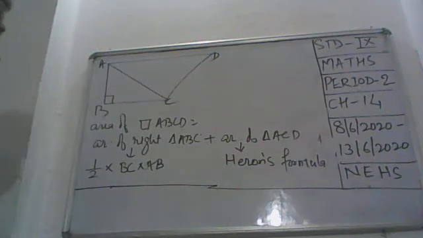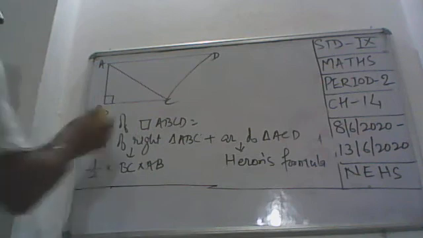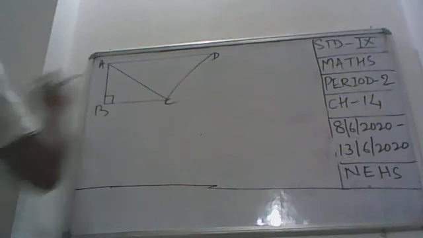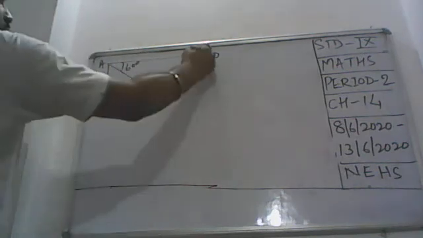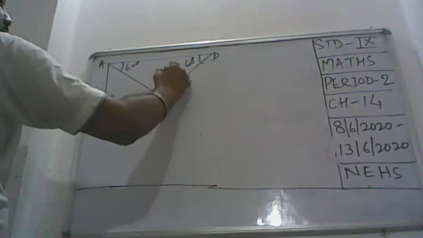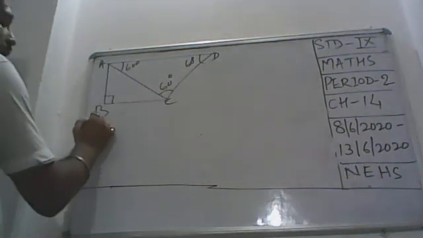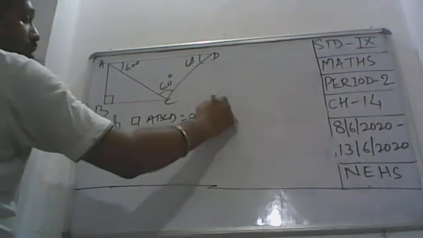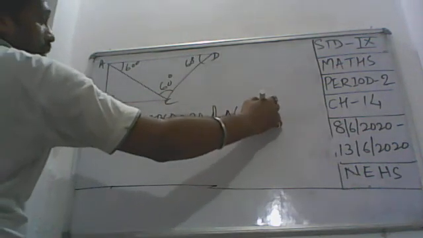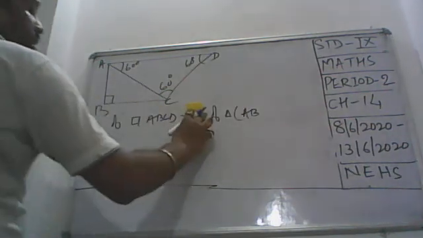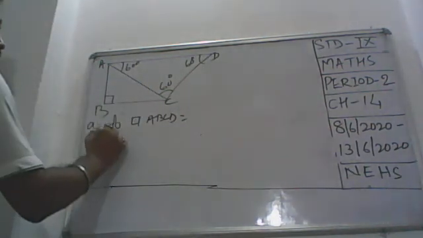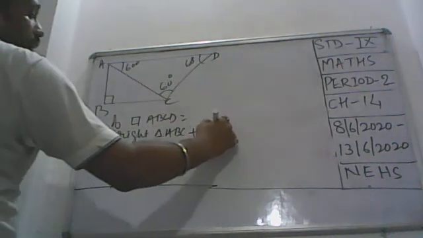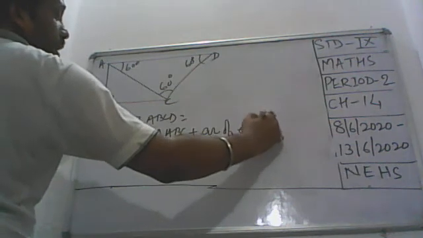Suppose that we are having one different shape. Suppose that these angles are suppose 60 degree, this is also 60 degree, and this also is 60 degree. Clear? That means area of quadrilateral ABCD is equal to area of triangle ABC. Okay, like this you write here, that area of right triangle ABC plus area of equilateral triangle.